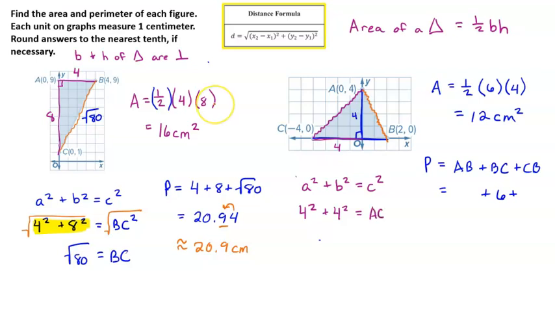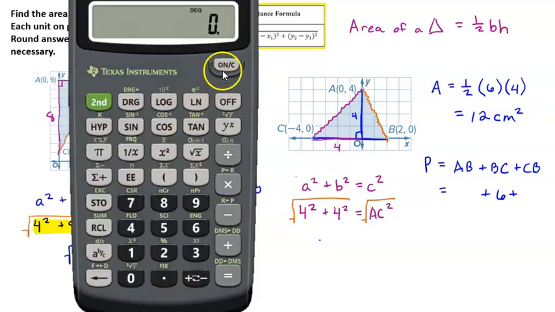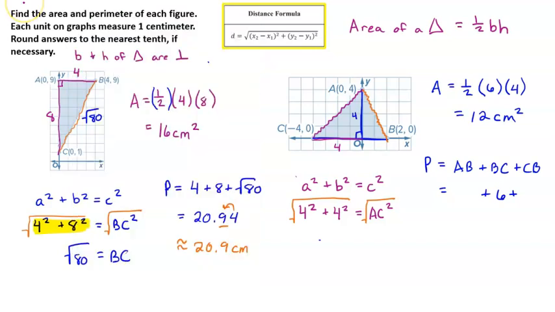And then from here, I can take the square root of both sides. Sorry, that should be AC squared. And then I can go ahead and put this in my calculator. So I know that's going to be 16 plus 16, but let's go ahead and practice. So 4 squared plus 4 squared, the square root of 32 is equal to AC.